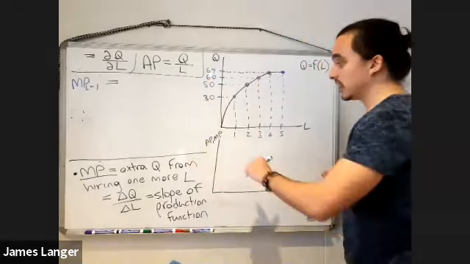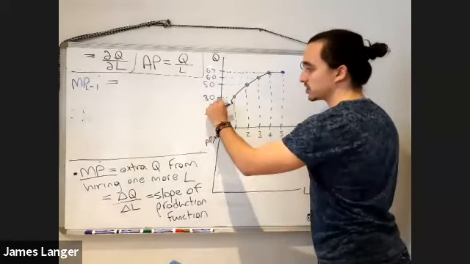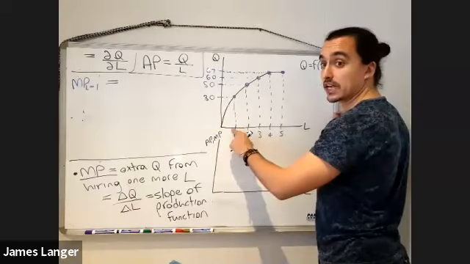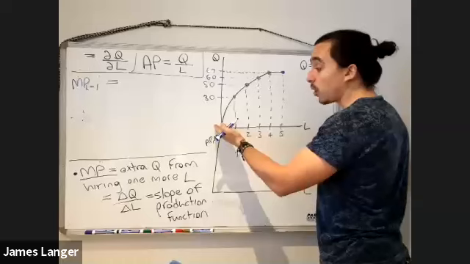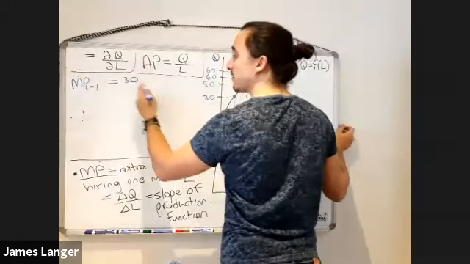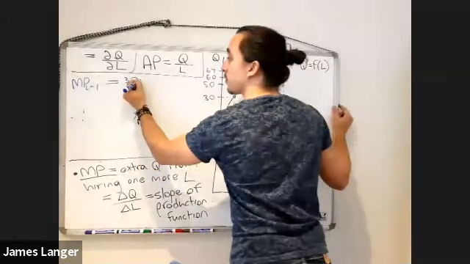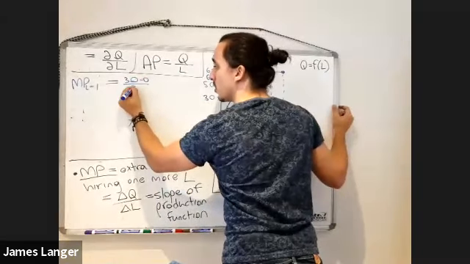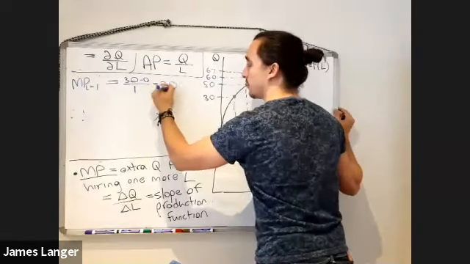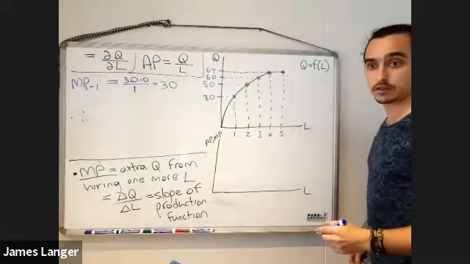So how do I calculate marginal product? Well, I basically look at what was the change in Q that was caused by hiring another laborer. Okay, what was that change in Q? So quantity increased by 30, right? We went from 0 to 30, so it's 30 minus 0 over 1. And I'm able to see that the marginal product of the first worker is equal to 30.